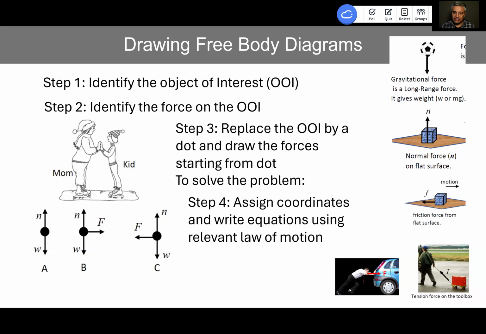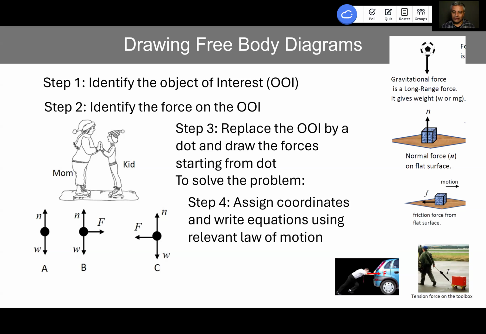That's what determines the motion. If net force is 0, the object is moving with constant velocity, but when net force is not 0, then velocity changes, meaning it accelerates, and the acceleration can be found by using Newton's second law.